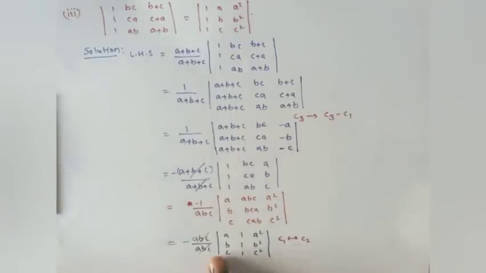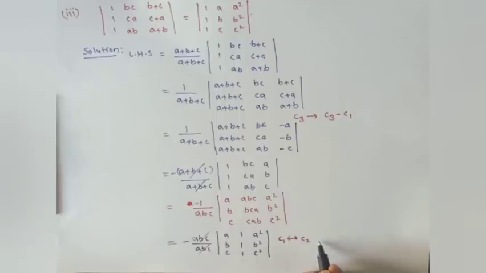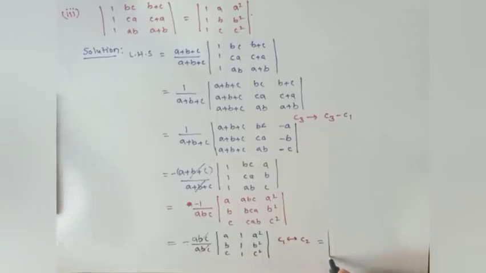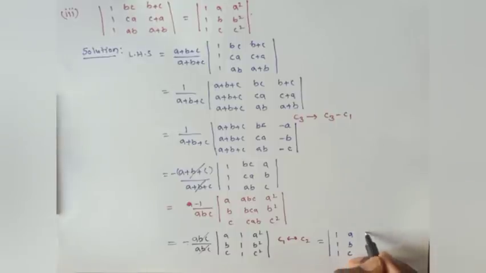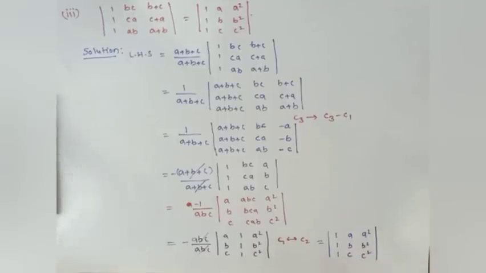So while interchanging these two columns, the determinant differs by a sign, so that it is minus, and by interchanging these two columns we get another minus, minus into minus is plus. So therefore this is 1 1 1, A B C, A square, B square and C square. This is the RHS of the given problem.